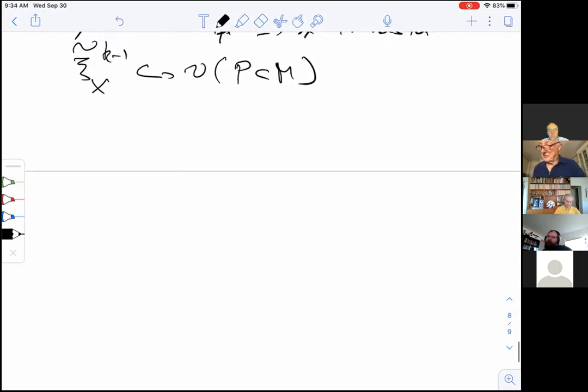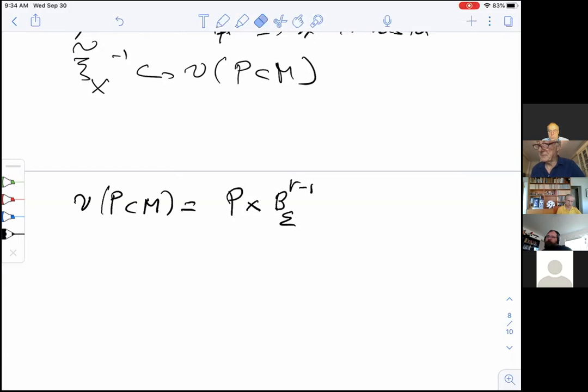So now, using this, we write the normal bundle of P in M as P cross this bundle, cross B, a disk of radius epsilon, rank R minus 1. Sorry, this should be R minus 1, not K minus 1. It's the dimension of X minus 1. Cross a complementary ball of radius K minus R minus 1. Okay.